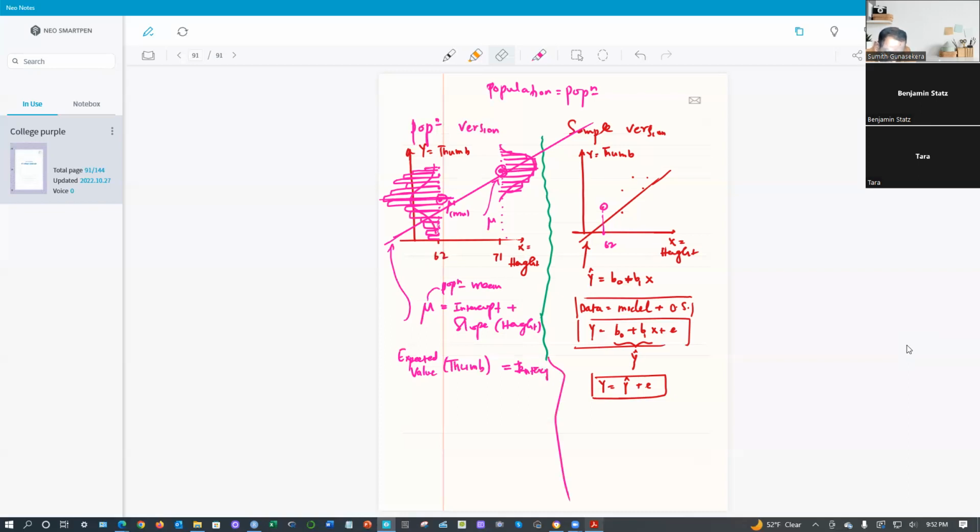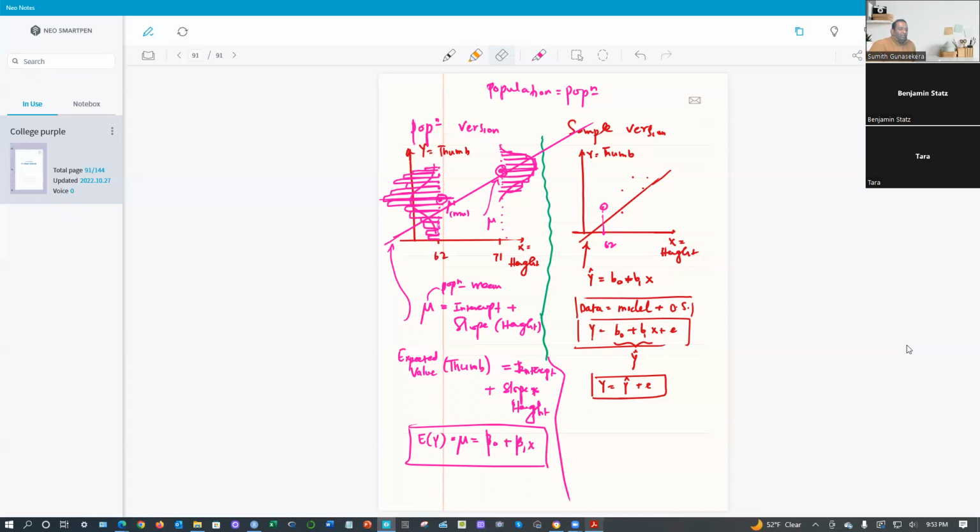The expected value of thumb length is nothing but the intercept plus slope times height. That's why the equation is like this. E of Y, the expected value of thumb length, mu, equals beta naught plus beta 1 x.